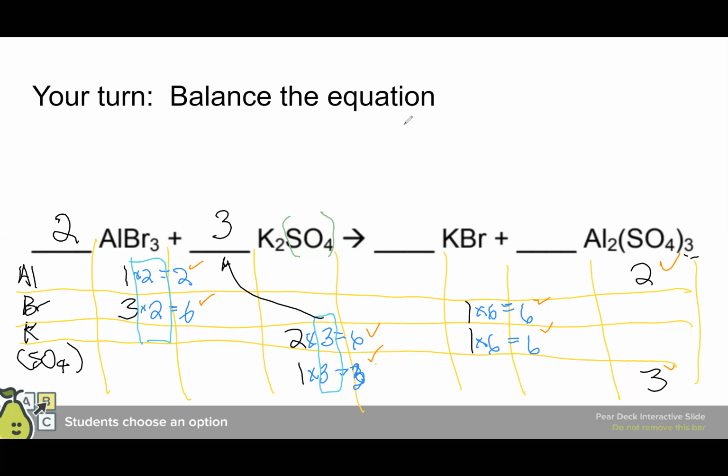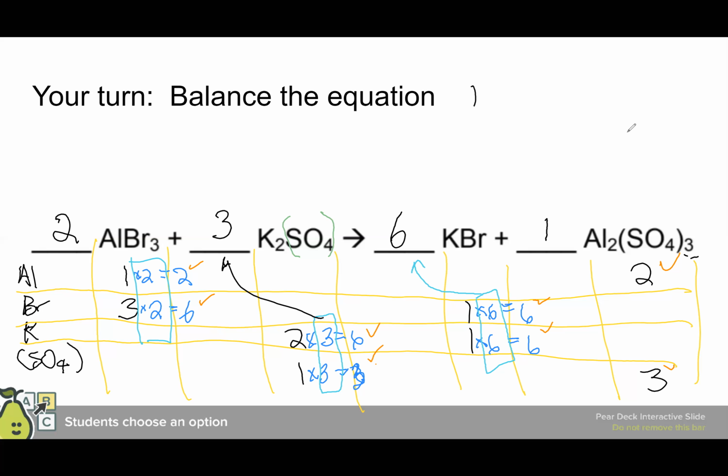The next one, I multiplied by 6. So I'm going to transfer that 6. The last one, I didn't multiply at all. So I'll either leave it blank or you know that it's actually a 1. Okay. So this is the balanced equation.